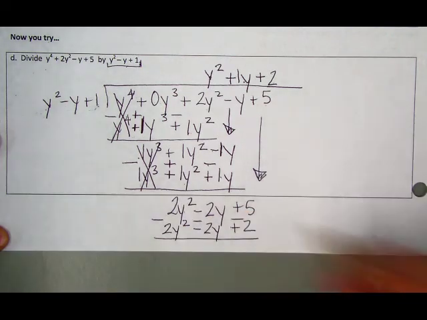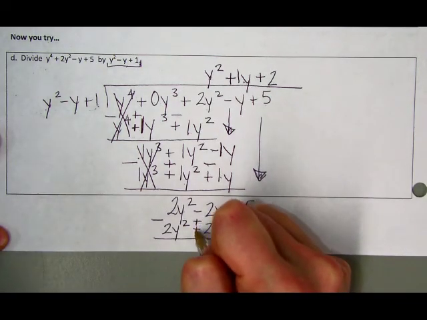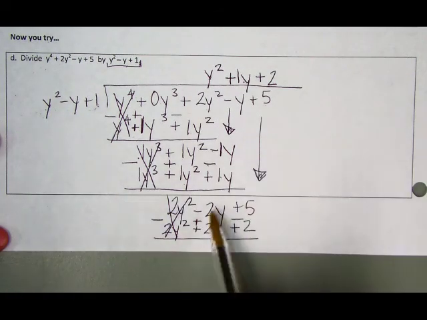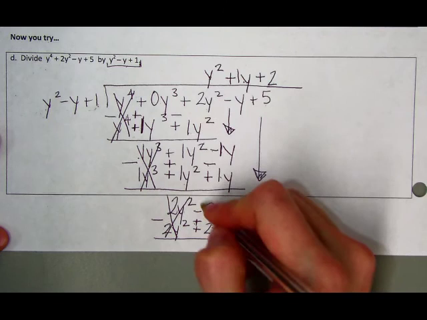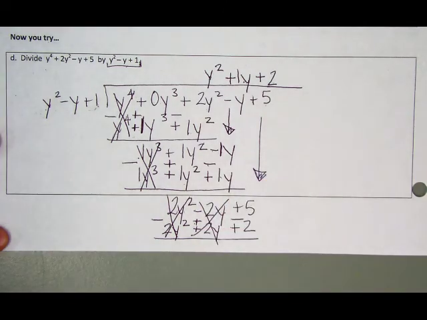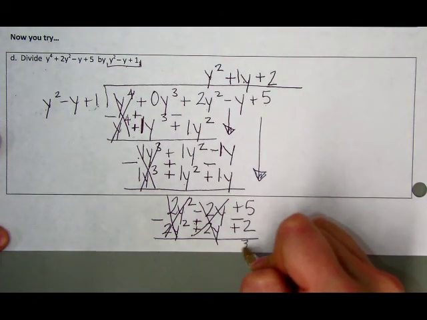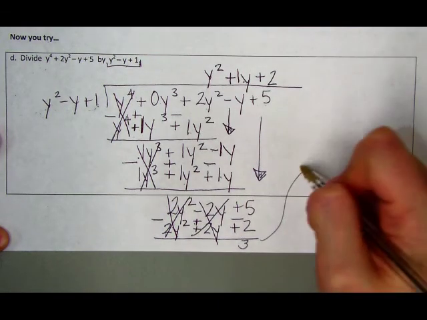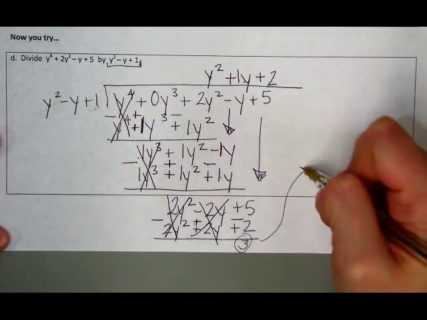Subtract all our terms. Double negatives make it a positive. The 2y squared terms cancel out. Negative 2y plus 2y also cancel out, and 5 minus 2 gives us 3. We have nothing else to bring down, so we know that 3 is going to be our remainder.